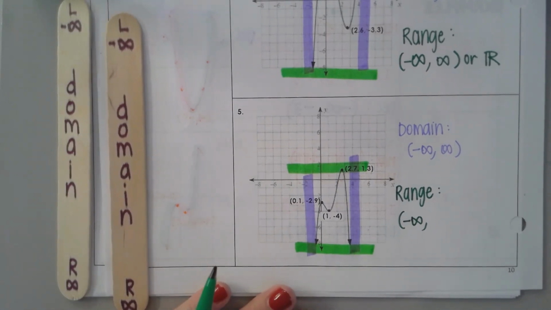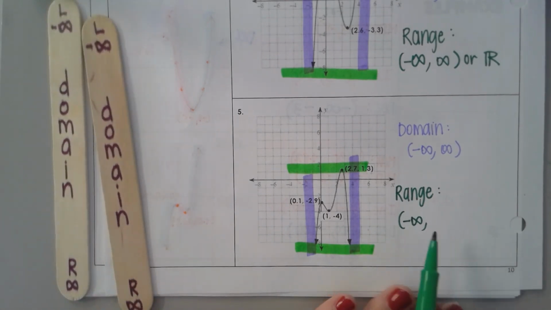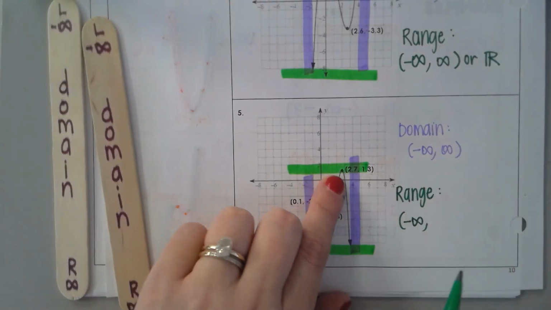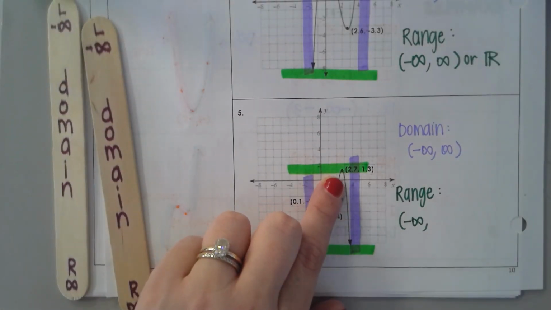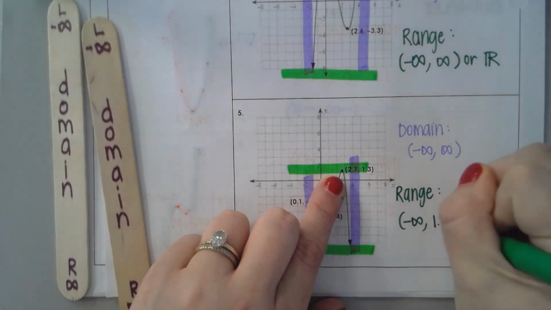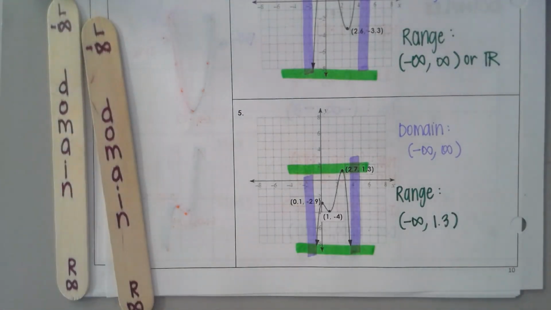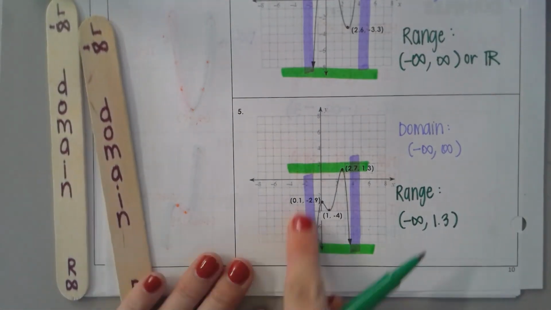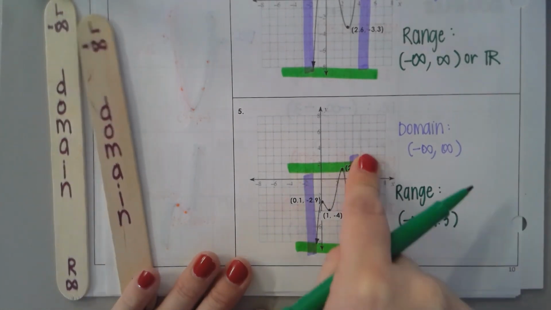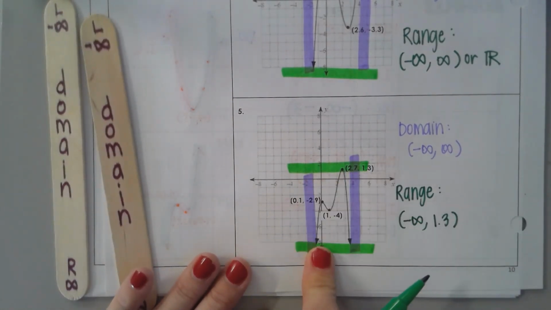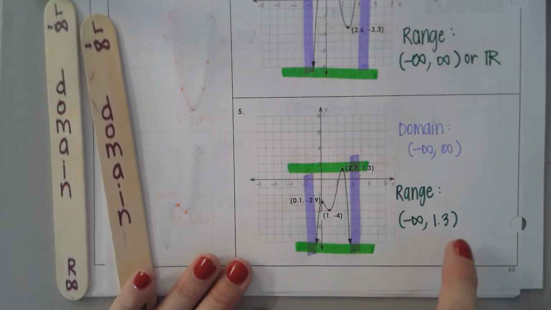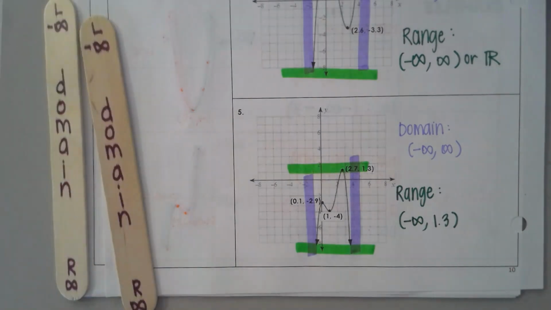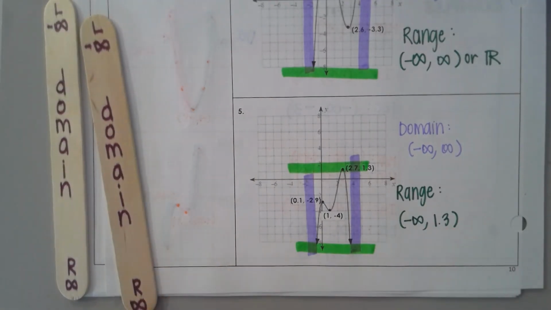No, I have a point. Now range is talking about your y values. So we have to put down the y value of that point, which is what? 1.3. What this means, if I have this equation and I type this equation in, I would never see a y value bigger than 1.3. If I looked at the table, there would never be a y bigger than that.